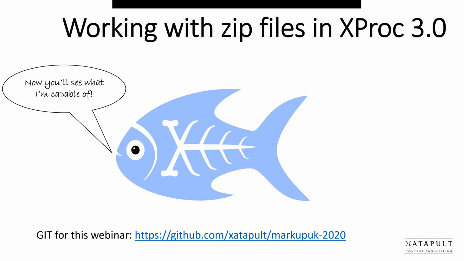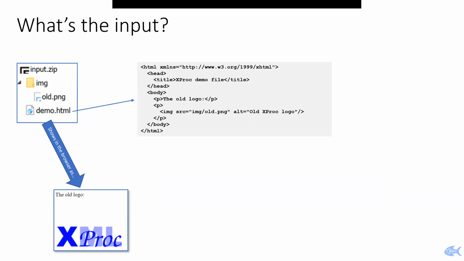So let's first present you the use case. We have a zip file in which there is an image and a small HTML file. So it's a zip file of a static HTML site. And it shows the old logo of XProc. But we want to change this because we also want to present a new logo.